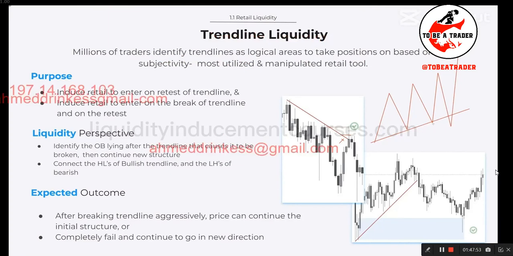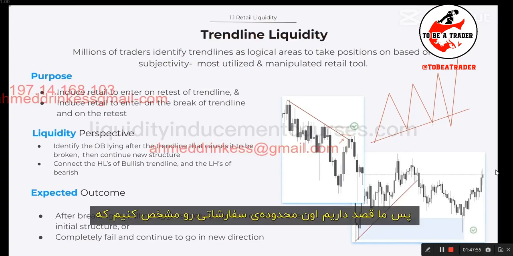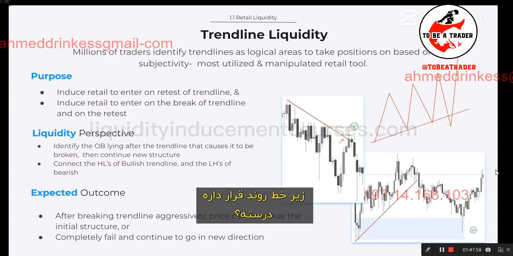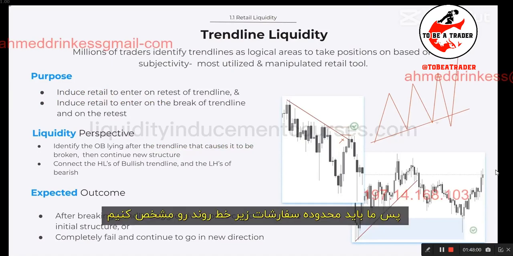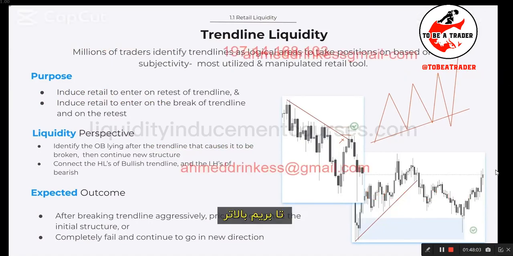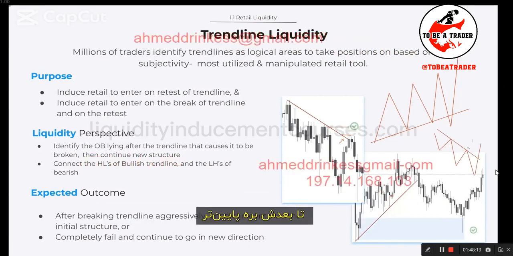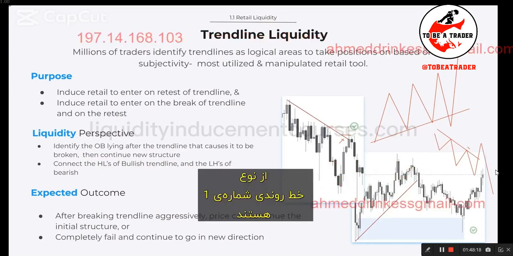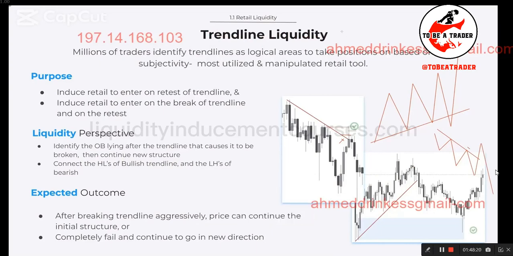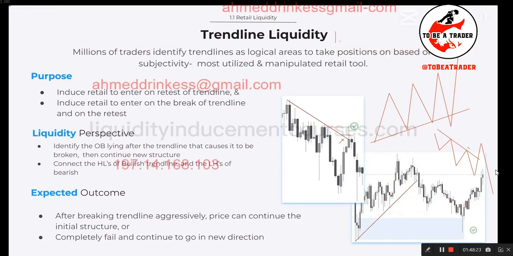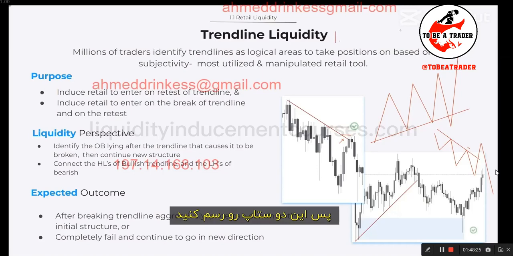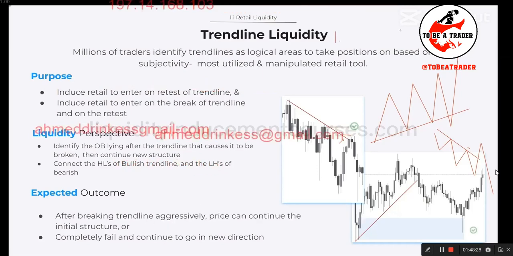So we want to identify the order block that resides below the trend line, to go higher. And if we're looking for sells, we want to identify the order block right after the trend line to then go lower. These are the trend line one setups. So draw both of those, and there's another type of trend line setup we look for.